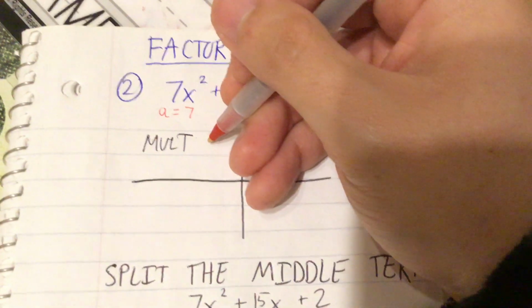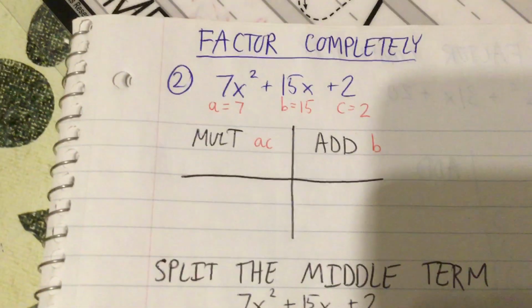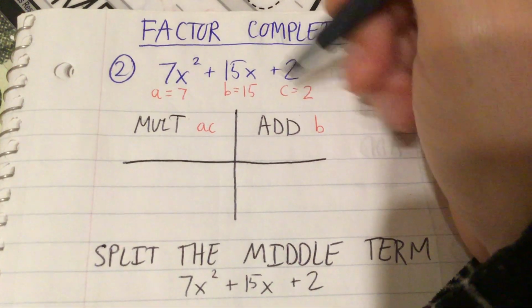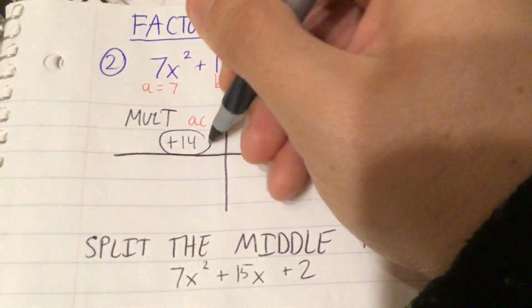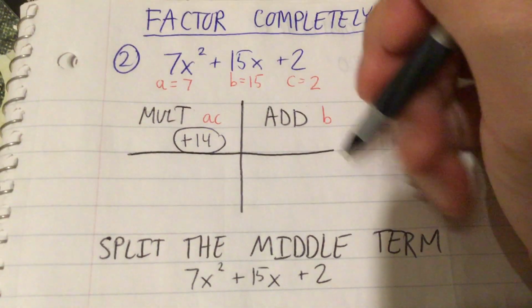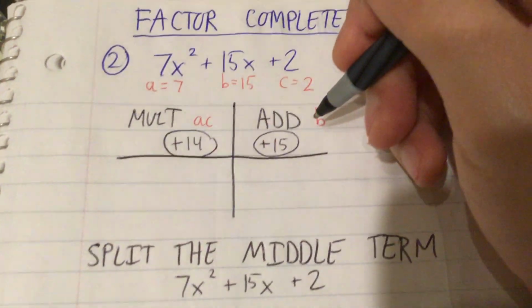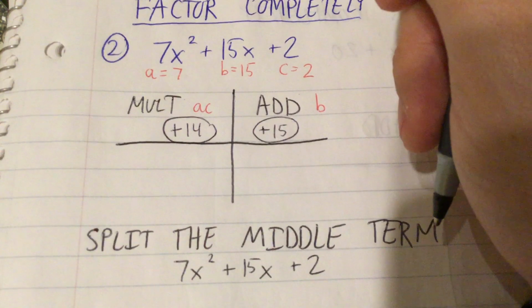So I'm looking for two numbers that multiply to AC and add to B. So in this case, 7 times 2, A times C, would be positive 14. And then my B is positive 15. What two numbers multiply to 14 and add to 15?